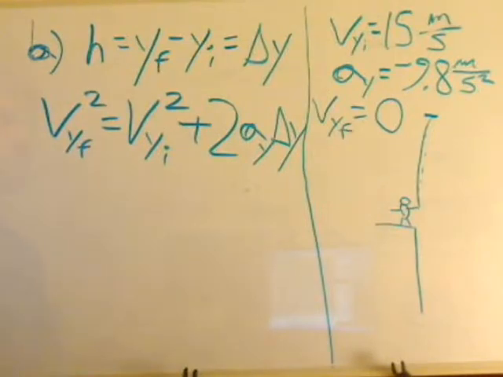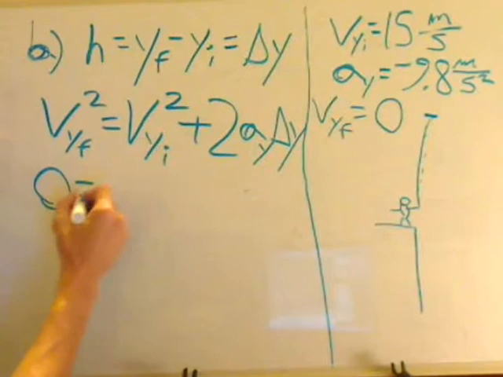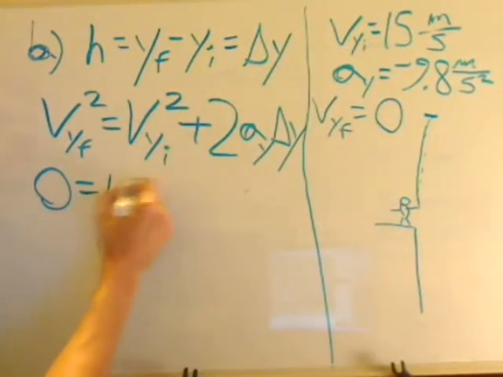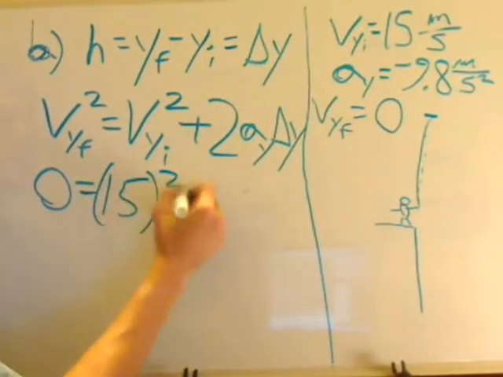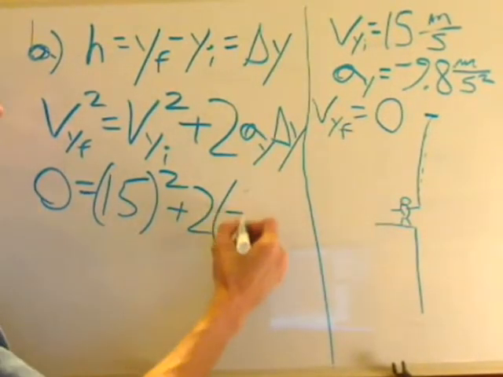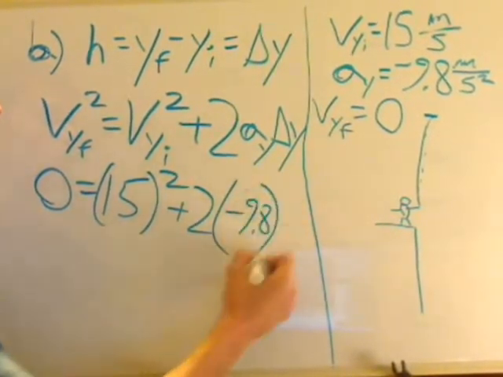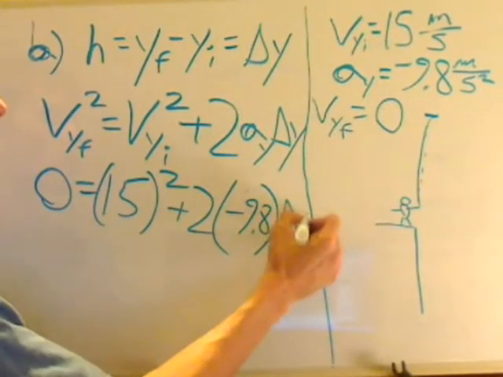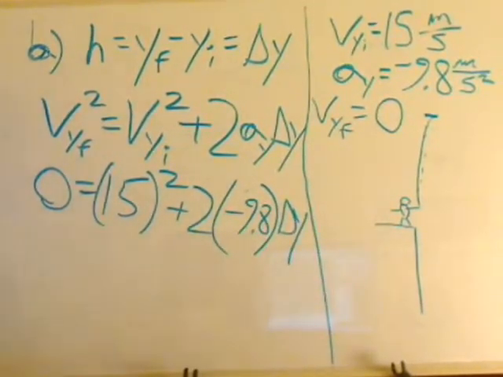Okay? So we can plug these numbers in here. Vy final is 0. Vy initial is 15, and we have to square that, plus 2 times the y acceleration, negative 9.8, times our delta y. So a little bit of algebra here.